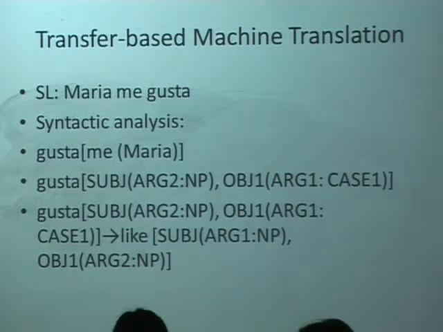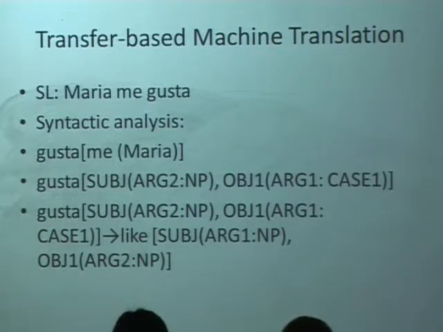The transfer-based machine translation is more inspired by, I think, Chomsky rather than Leibniz. The basic idea is the superficial grammatical structure of natural language is not trustable. You need to give a further analysis of it to reveal its real structure. For example, the source language is Maria mi gusta.